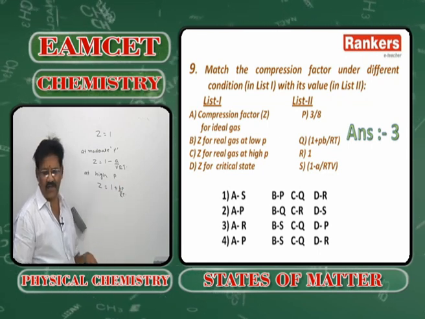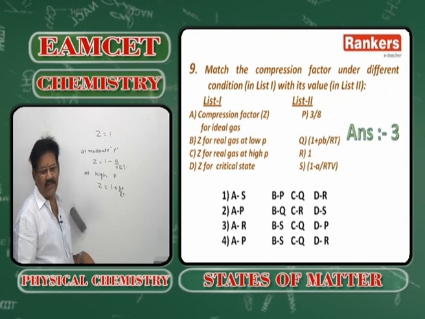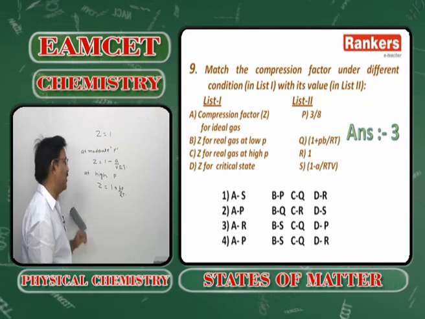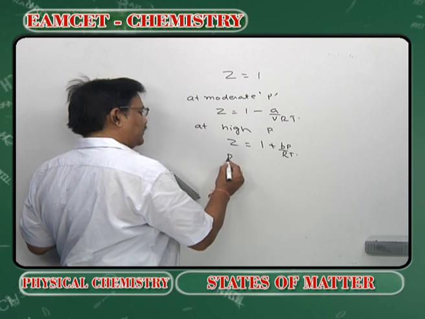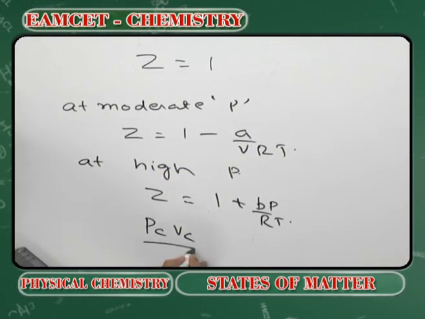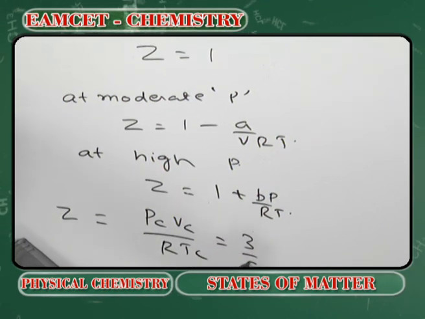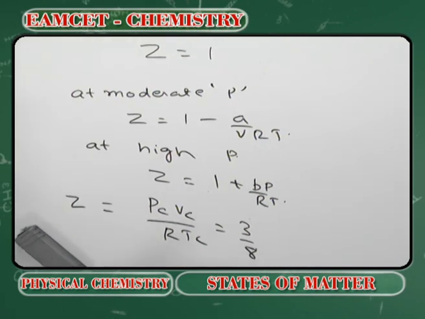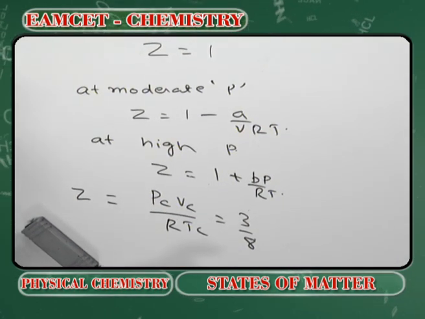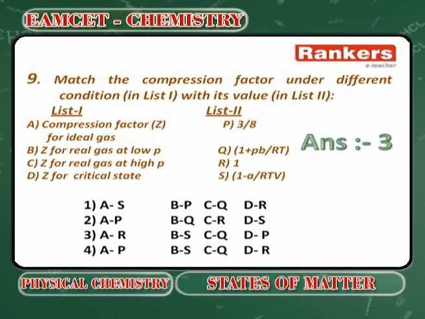At the critical state, Z will be equal to PcVc by RTc, which will be equal to 3 by 8. Option 3 is the answer.